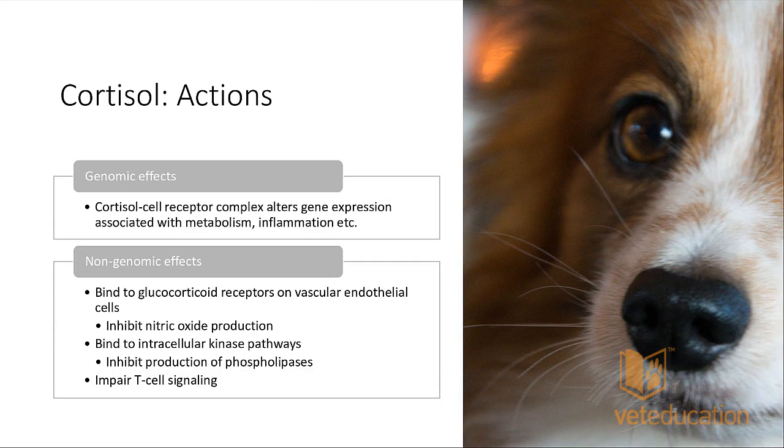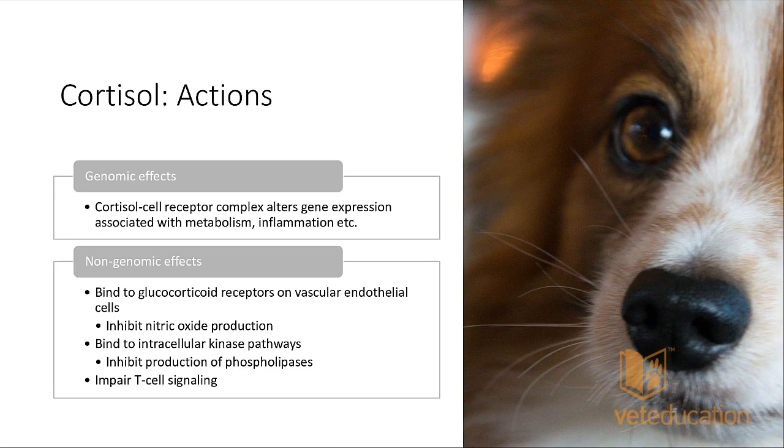So when we think of cortisol, there are several actions. There are genomic effects, which basically involve really complex gene expression within a cell. There are cortisol-receptor complexes, and they alter gene expression associated with metabolism, so gluconeogenesis and inflammation and so on. But there are also non-genomic effects as well. Cortisol will bind to glucocorticoid receptors on our vascular endothelial cells to inhibit nitric oxide production.